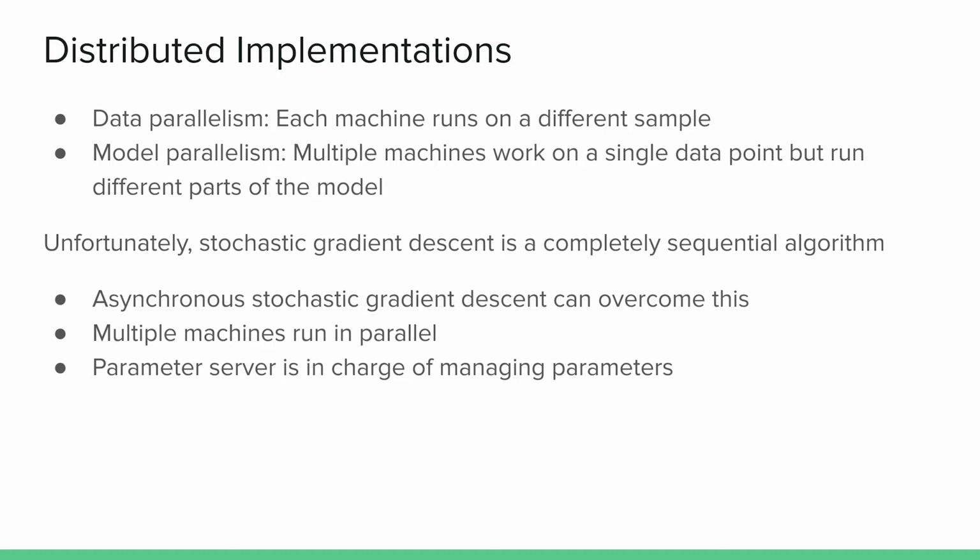There is something called asynchronous stochastic gradient descent, where you can distribute this more easily. You can have multiple machines that run in parallel with one of these synchronization mechanisms, or you can have a parameter server that is taking care of all those updates if you have multiple machines that are training independently.